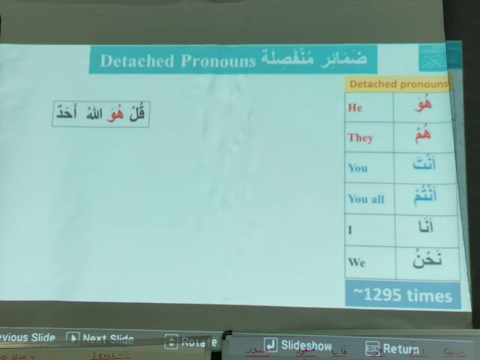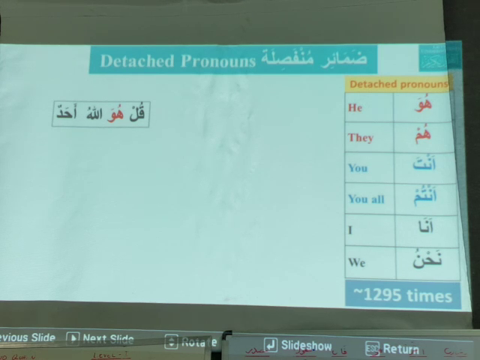So detached pronouns. To demonstrate them, we use a method that is called total physical interaction, TPI. So we use our hand to point to those words.